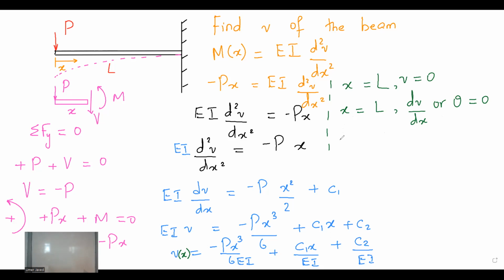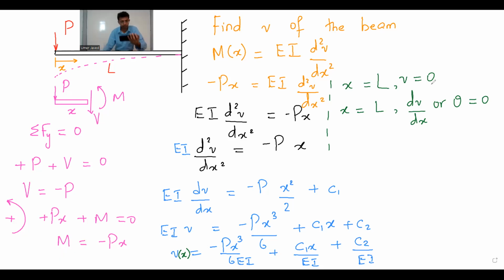So what will be in the exam? In the exam, you should know that EI d²v/dx² is equal to the moment, let's say, and then you just start integration. Yeah. C1 is PL² divided by 2. Good.